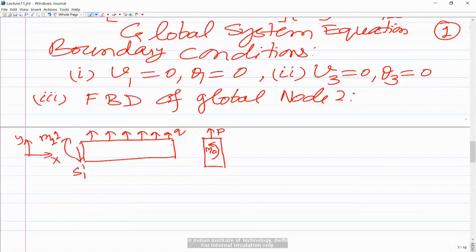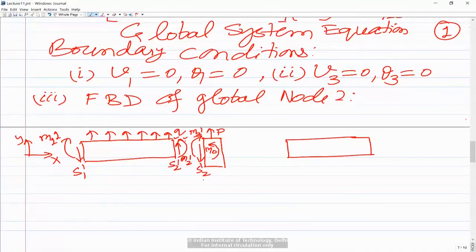On the right side of this element you will have S21 and this M21. Now the opposite of this force and this moment is going to act on node number 2. So we will have S21, and opposite of this the moment would be like this, and this will be M21.